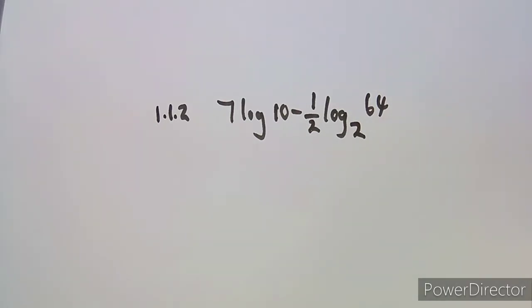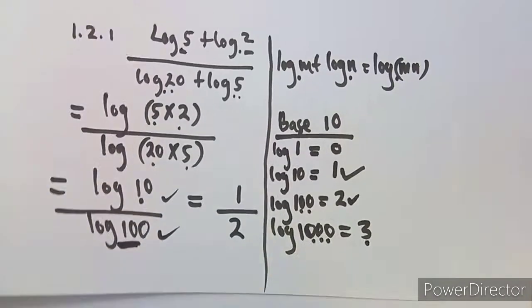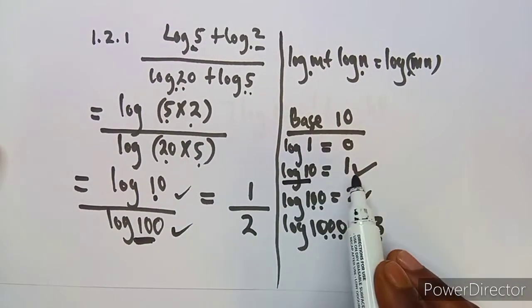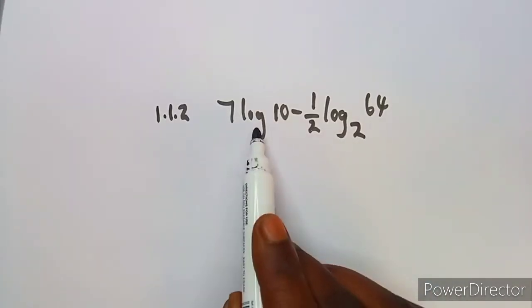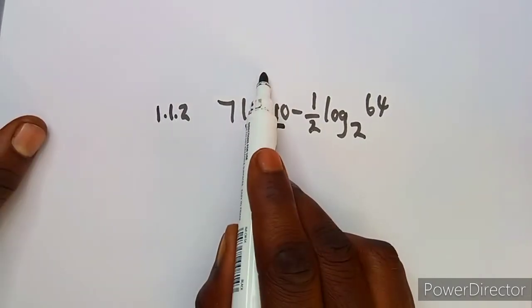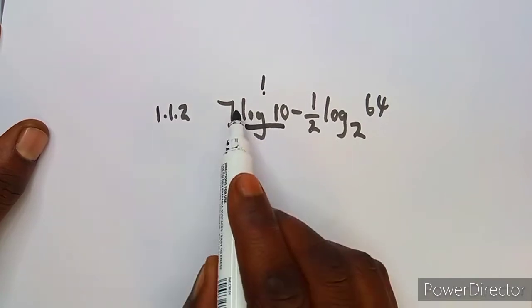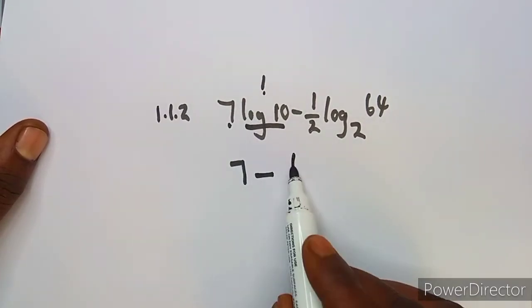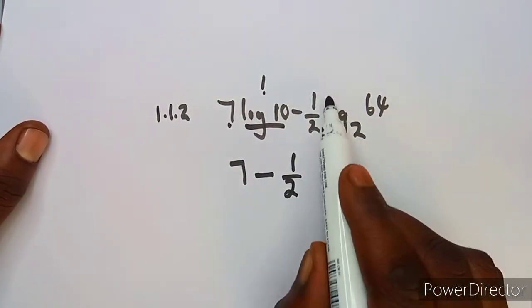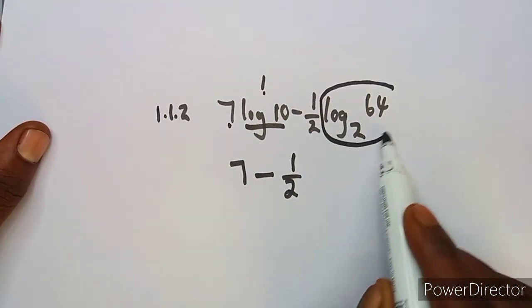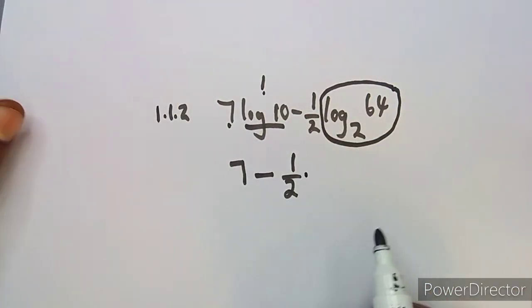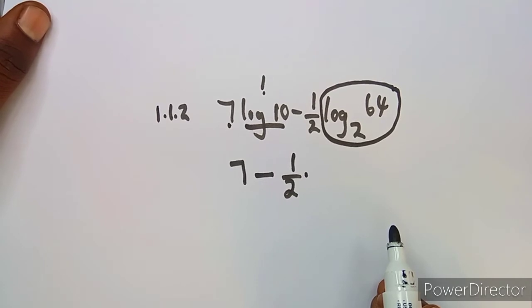So this part is a repetition, because we said log 10 is 1. Whenever I see log 10, I'm seeing a 1. So this one is the same as 7 times 1, which is 7, minus a half. I'm going to simplify this, log 64 in base 2. Okay, so what can I do to simplify this?